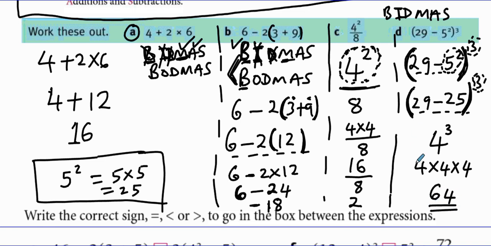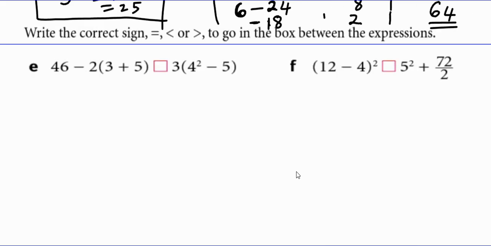Refer to my previous video when I was teaching powers and roots. So many students here get confused when it is 4 to the power of 3. They do 4 times 3 and they get 12, which is a very wrong answer. So don't do that. 4 to the power of 3 is 4 times 4 times 4, and the answer is 64. I hope that helps.